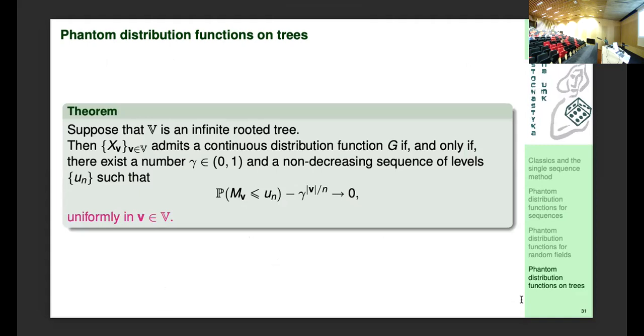This is the first stage. We have this stochastic process indexed by the tree, which admits a continuous phantom distribution function under a mixture of conditions. Here we have gamma as the limit, and a non-decreasing sequence of levels, so it is independent of the structure of V, such that this convergence holds uniformly in V as n goes to infinity.